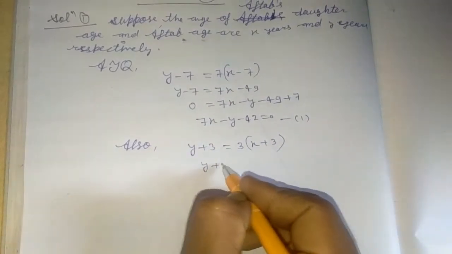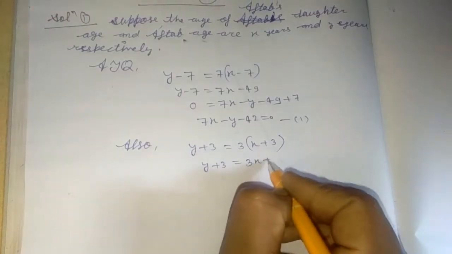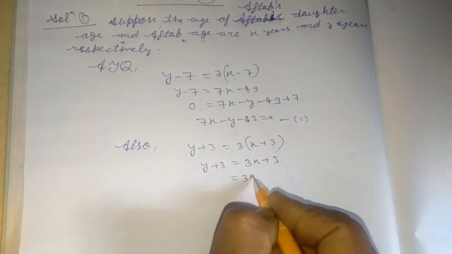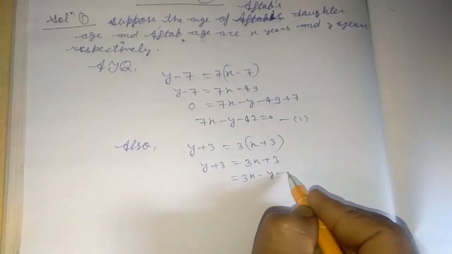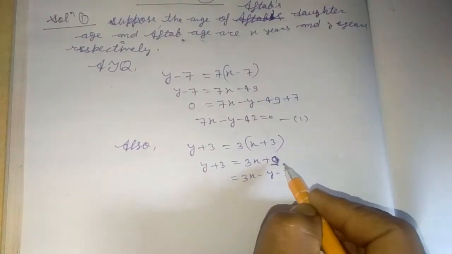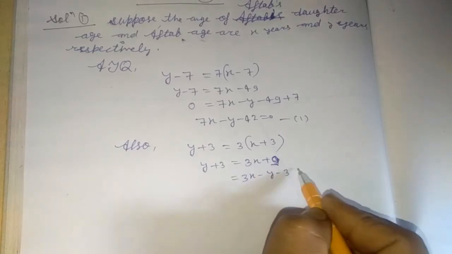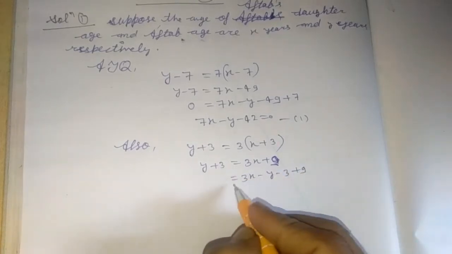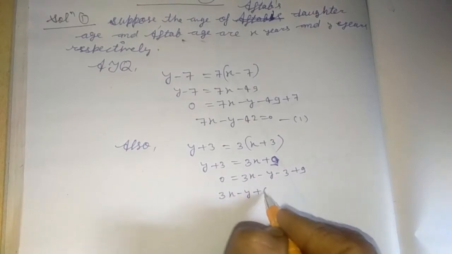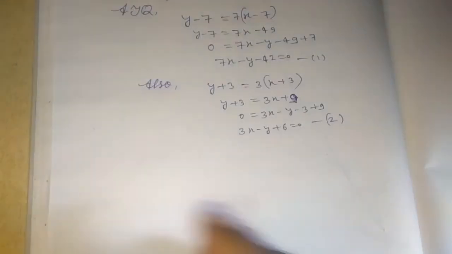Again we solve this, transfer to that side, and we get 9. So 3x minus y minus 3 plus 9, we get 3x minus y plus 6 equals 0. This is the second equation.